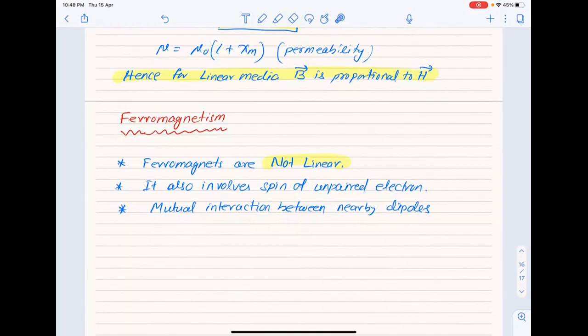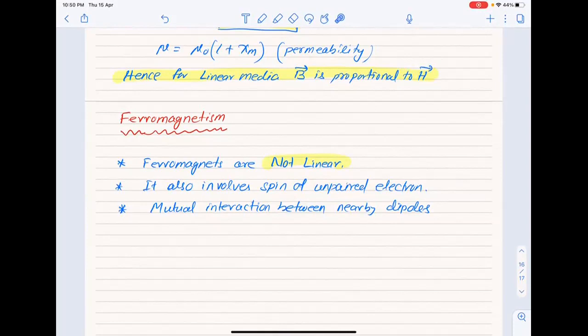I'm not going to discuss that here. Once you have interaction between, let's say, neighboring dipoles, you will have a strong tendency to align similar to the neighboring dipole, and that is what is responsible for the ferromagnetic effect. Although the correlation between the spins is very strong, the alignment doesn't occur across the whole material in a similar fashion.